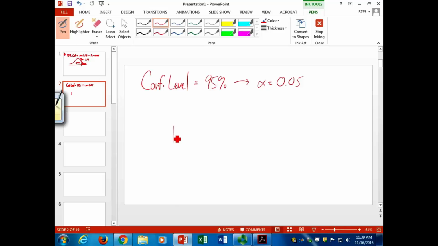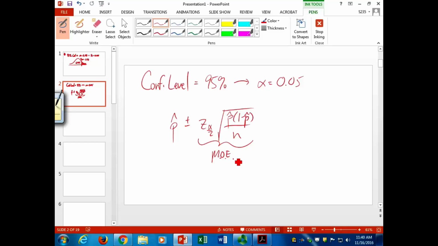The margin of error, using that alpha level, you go get that z multiplier like we just did. The margin of error is that whole stuff that you add and subtract, that whole thing put together.